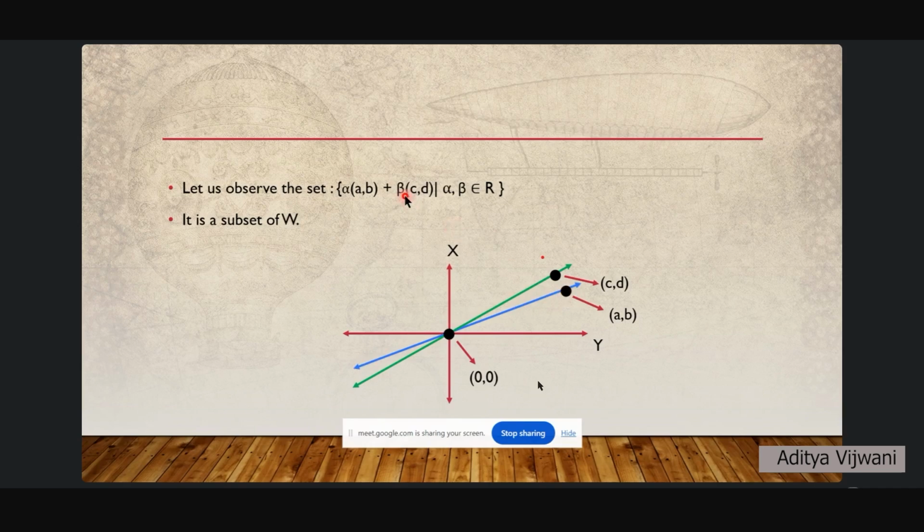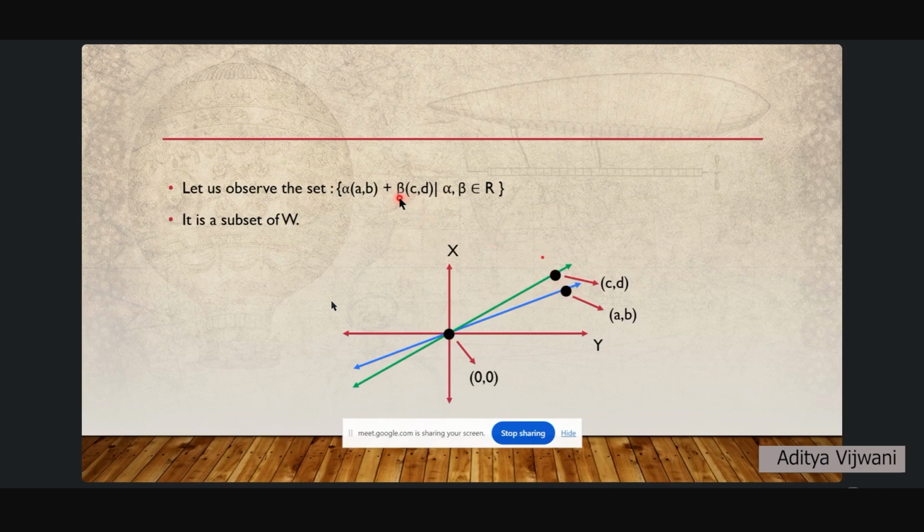Now, just see, if beta is equal to 1, then I'll get any point on this blue line plus CD. So the points on this line will be shifted by CD, all the points, right? So I get a line almost parallel to AB such that the points are shifted by CD.